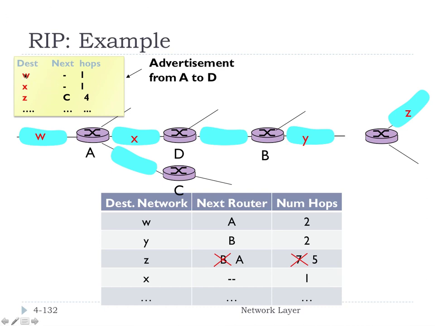This is to destination W, and we receive an advertisement from A to D. So D is receiving this, and it's updating its data, its routes. When it finds a lower cost route, then it'll replace it using the Bellman-Ford equation. Remember that whole minimum of the cost, the least cost path plus the cost to get to that node.